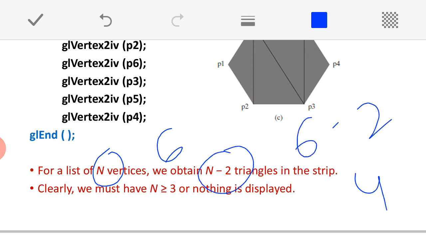So if I define 6 vertices here, I get 1, 2, 3, 4 triangles. That is the first thing. And second, while using this symbolic constant, we should make sure that n is always greater than or equal to 3. Why? Because to draw a single triangle, I need a minimum of 3 vertices.